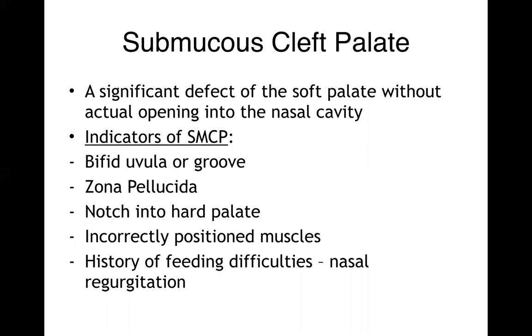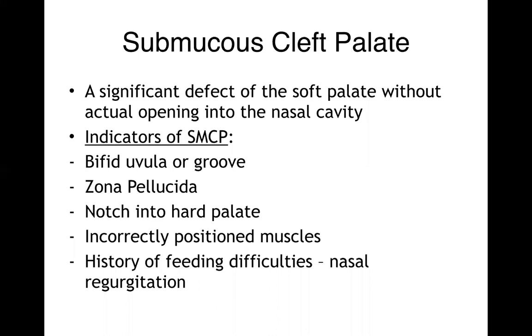We always want to be on the lookout for a submucous cleft palate. You probably know what this is already, but just a reminder that it is a significant defect of the soft palate without the actual opening into the nasal cavity. And the indicators of a submucous cleft palate: the big one is that bifid uvula, or the groove, or a line even in the uvula.